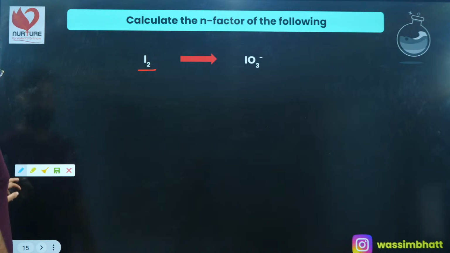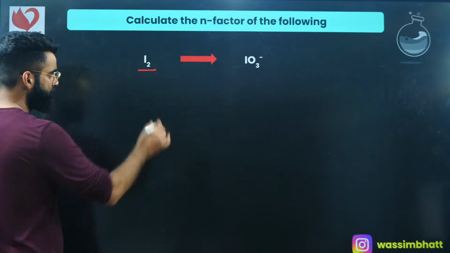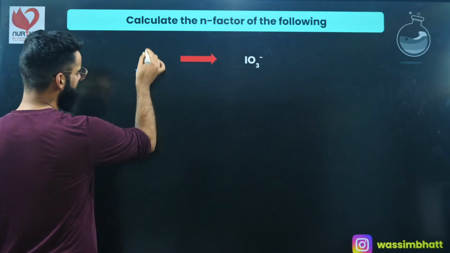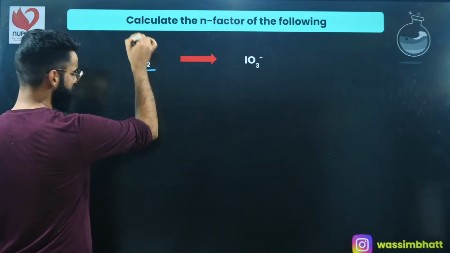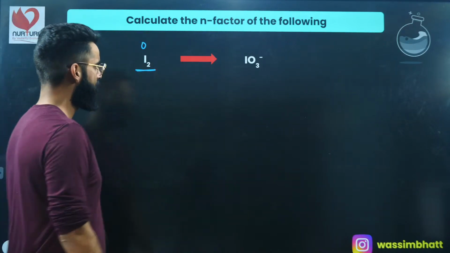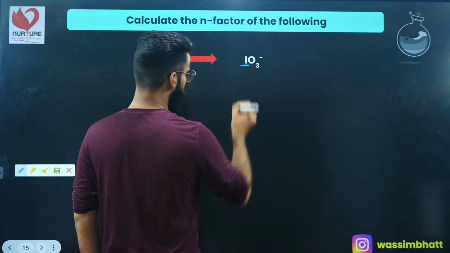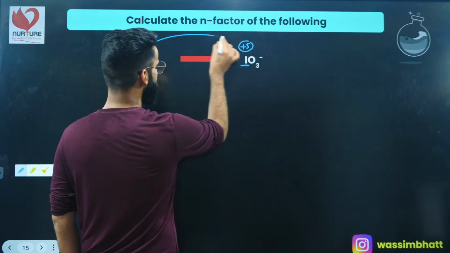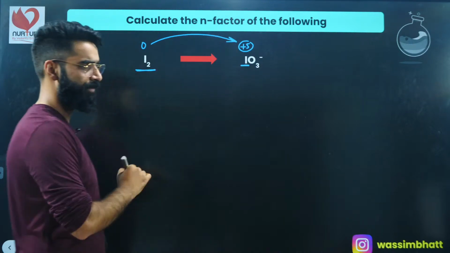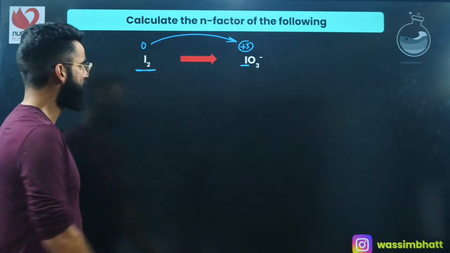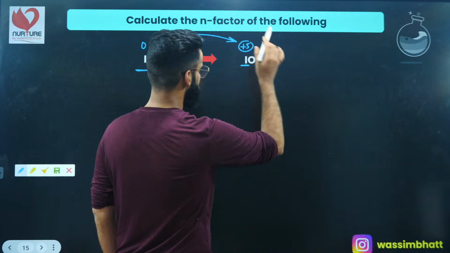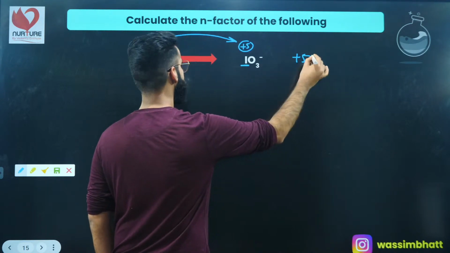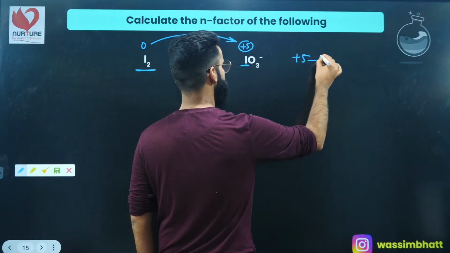Okay, see exactly what is going to be the N factor of this I2. If I ask you what is the charge present on this iodine over here, you'll say 0. 0 is its oxidation state. What about the oxidation state of iodine over here? It's going to be simply plus 5, right? So from 0 to plus 5, calculate the change in oxidation state. The change is going to be final oxidation state of iodine minus initial oxidation state of iodine.